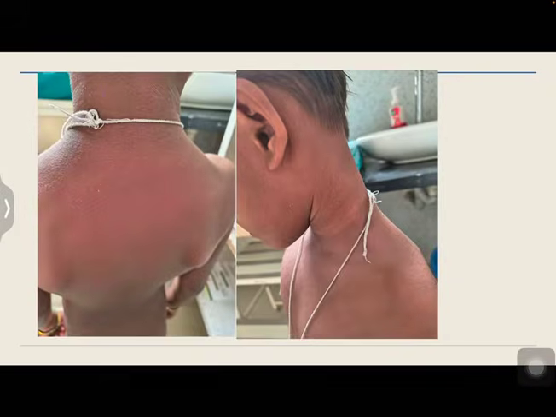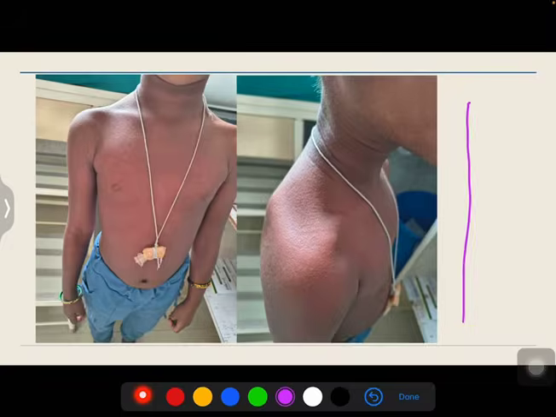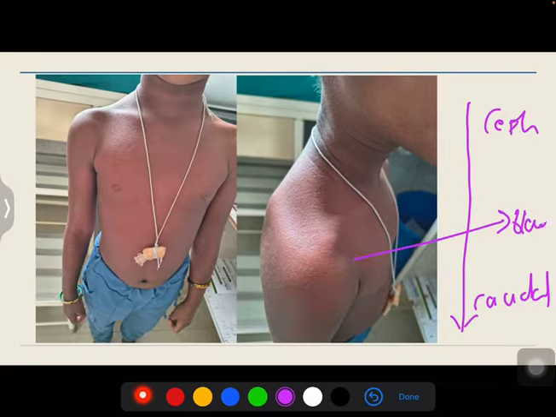So here is an image showing characteristic of the rash, which was erythematous and was having fine papular eruptions. Here you can see the papular eruption, and rash was spreading from neck downwards, that is cephalocaudal direction, and rash was blanchable on examination, and these are fine papular eruptions like a goose pimple.